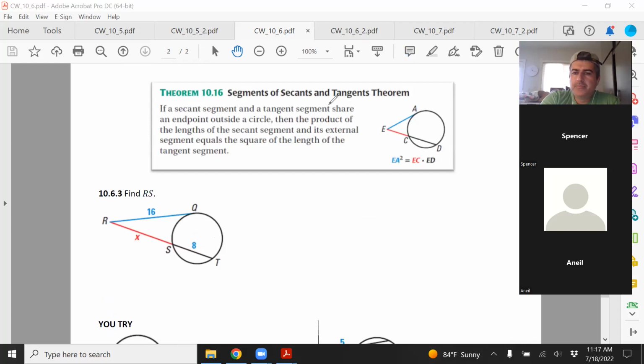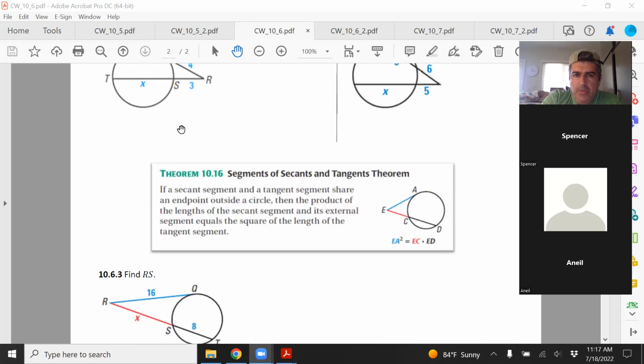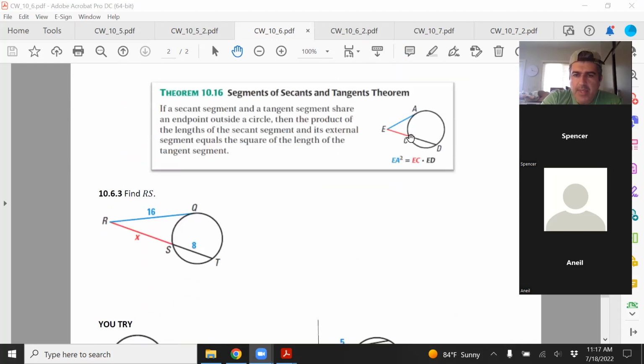Here, this is also kind of where you have a tangent and a secant. So it's kind of the same thing as what we just did. You're going to do EC times ED, but here you have a tangent, not a secant, so you just do EA squared.